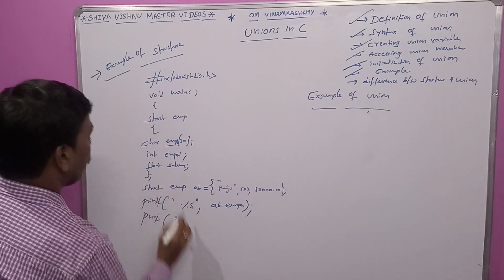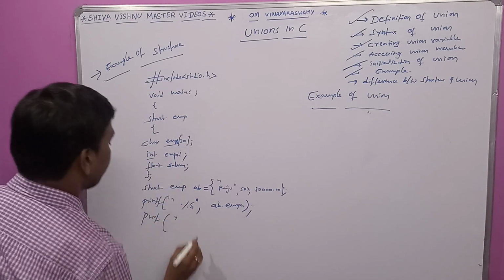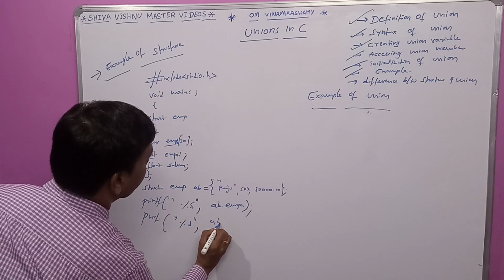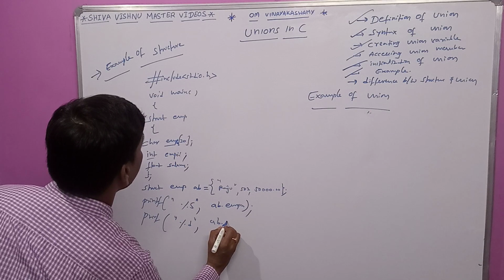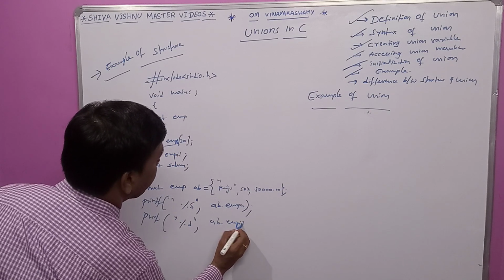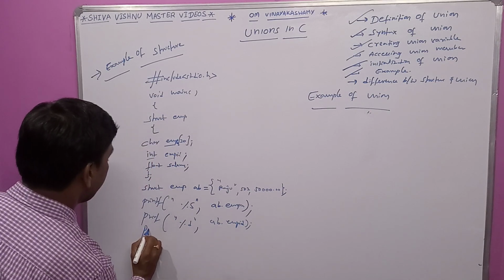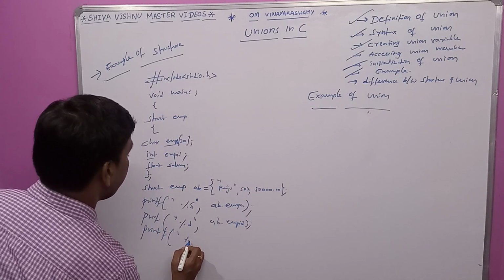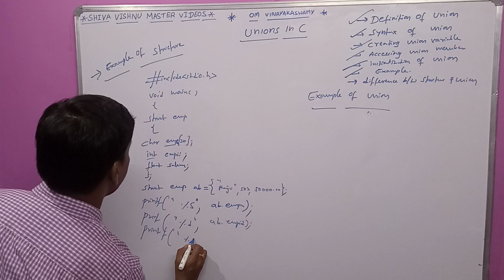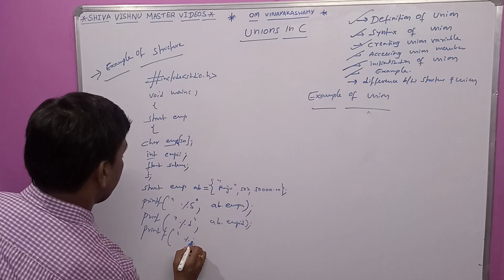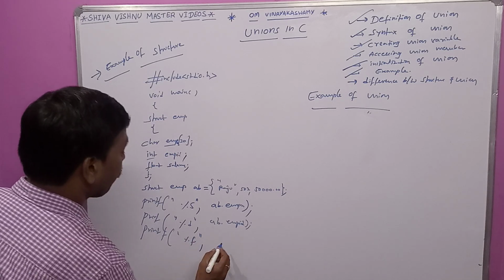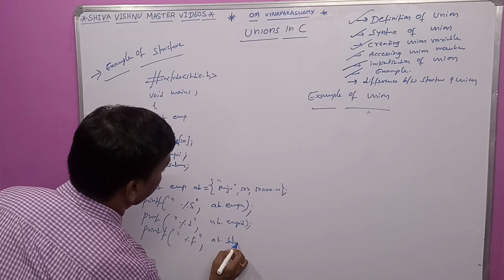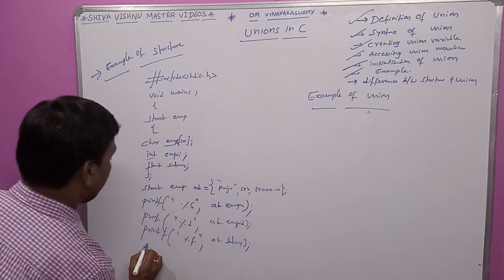Printf, this is an integer type, so percentage d, comma, ab dot emp id, close semicolon. Printf percentage f is a floating point, ab dot salary, semicolon, close.